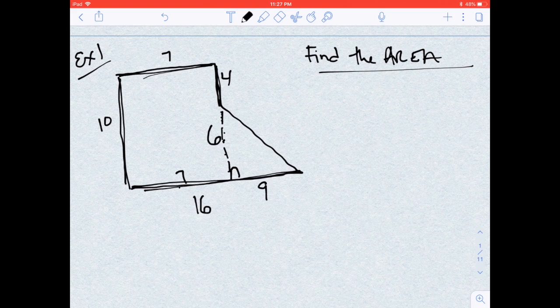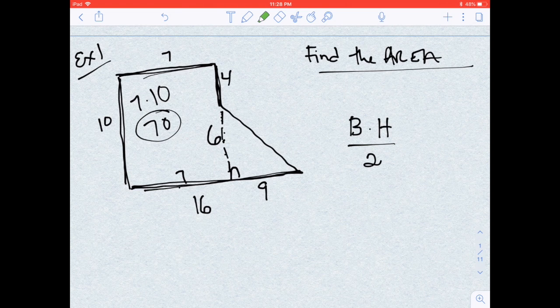Okay, then to find my area of a rectangle is just base times height, so 7 times 10, which gives me 70. And then I need to find the area of my triangle and add that with this as well. So area of a triangle is base times height divided by 2.